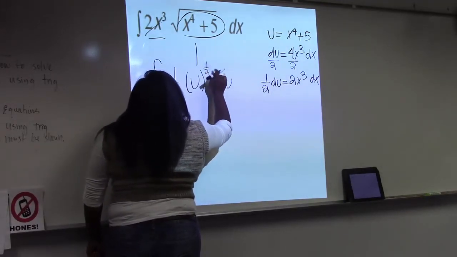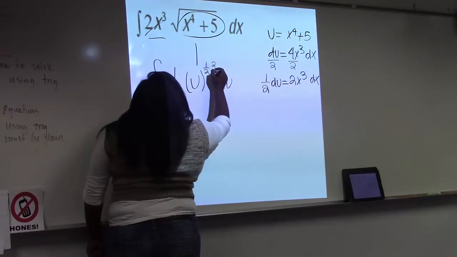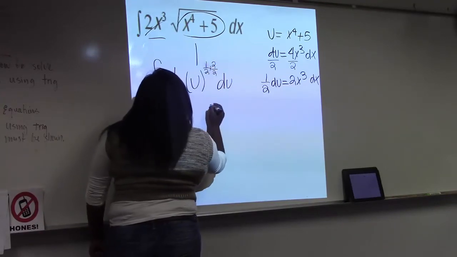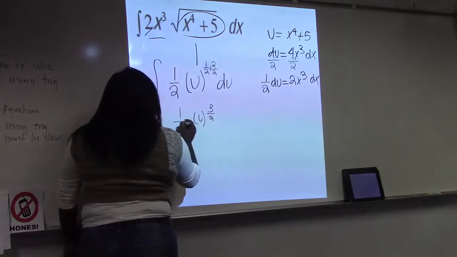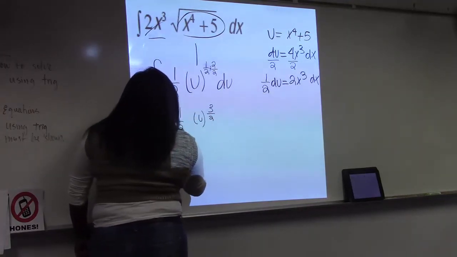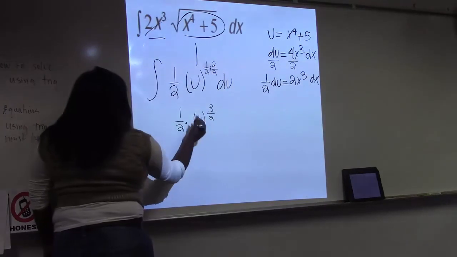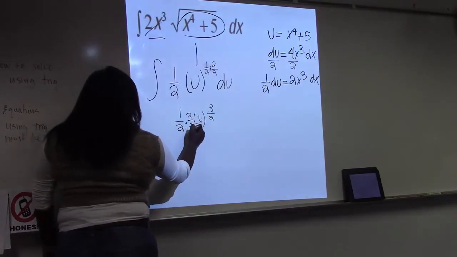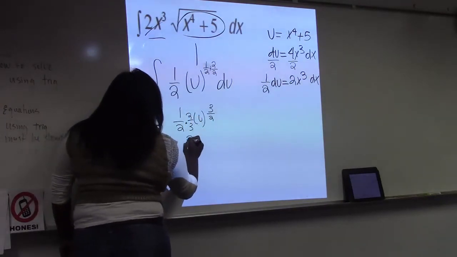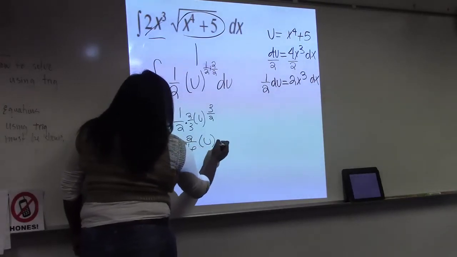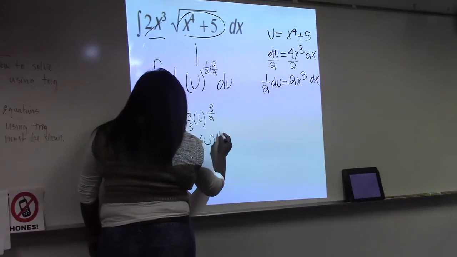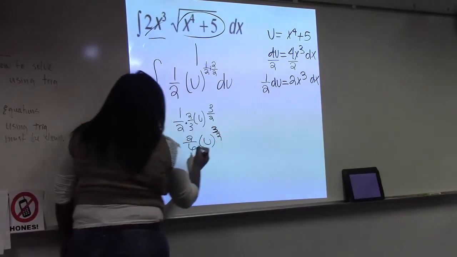So to bump up, you're going to do 2 over 2, so that'll give you 3 over 2 u. And then you have 1 half, and you're dividing it by 3 over 2, so that'll just make it times 2 over 3. Then that'll give you 2 over 6 u. Excuse me, 3 over 2.